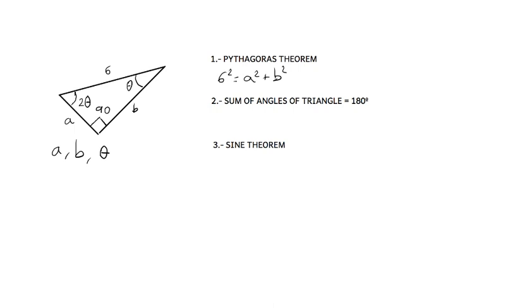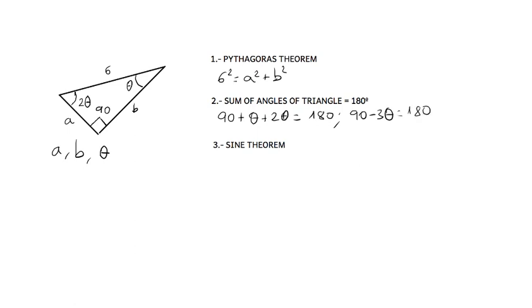With the second law, we get that 90 degrees plus theta plus 2 theta equals 180. So it means that 90 plus 3 theta equals 180.